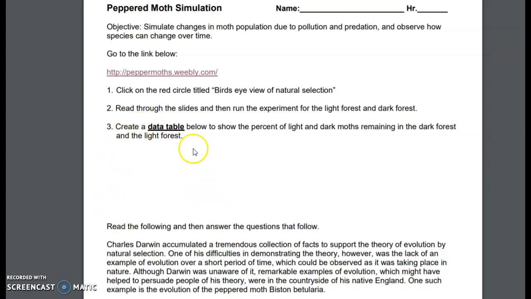I'd make your first data table and title it something like "In a light forest." At the top you put light and dark moths, and then you record how many there are. Then we're going to make another table for a dark forest. Don't forget you need titles and labels, like headings for each column.